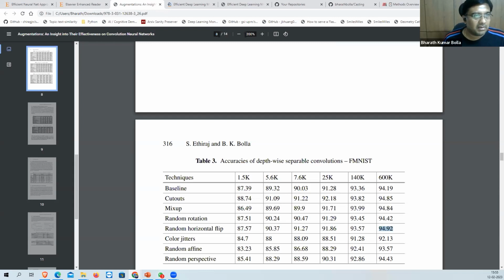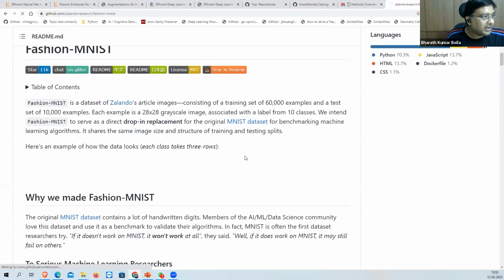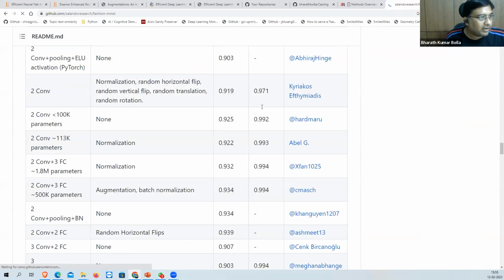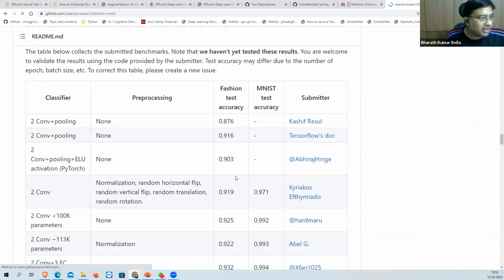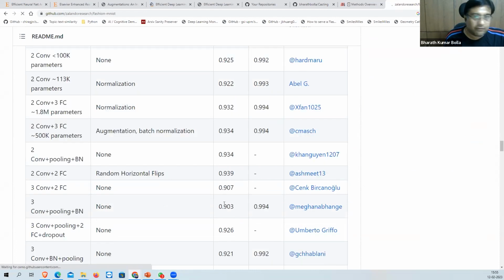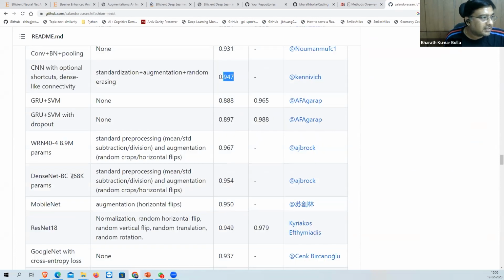This is one of the SOTA accuracies we got with the lowest number of parameters. If you check Fashion MNIST, which these people created, only huge models with millions of parameters reach that accuracy. For example, this one got 94%, and you can see that 95%, but this is a huge parameter model.